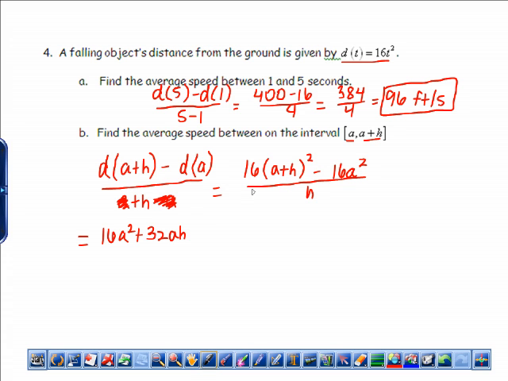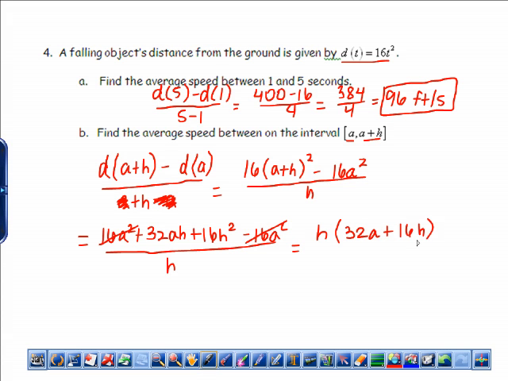And then h squared times 16 is going to be 16h squared, minus 16a squared, all over h. And notice that the 16s cancel, and I can factor out an h. So we do 32a plus 16h all over h. The h's cancel, just like how we could have predicted that would happen.